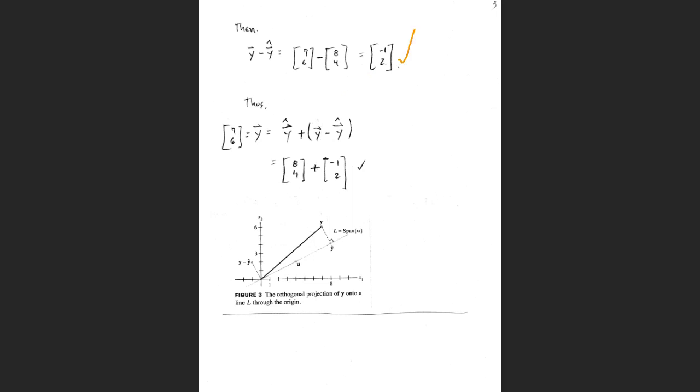And so the vector 7, 6, that vector y, can be decomposed into the projection vector y hat and the vector y minus y hat. And again, I put the picture below. I thought a nice simple example would help you get comfortable with these ideas.